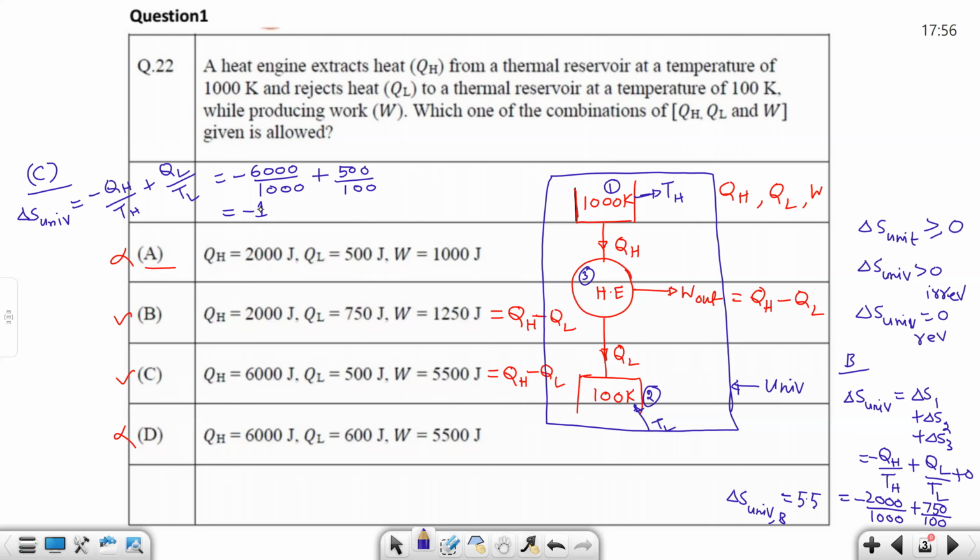But it doesn't satisfy the entropy principle. So the answer C is not the right answer. So your right answer will be B. B is the answer for this question.